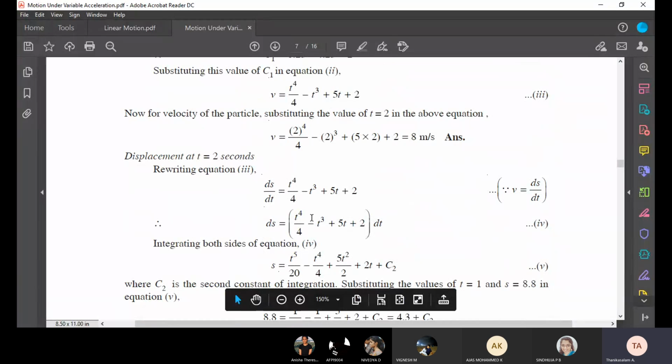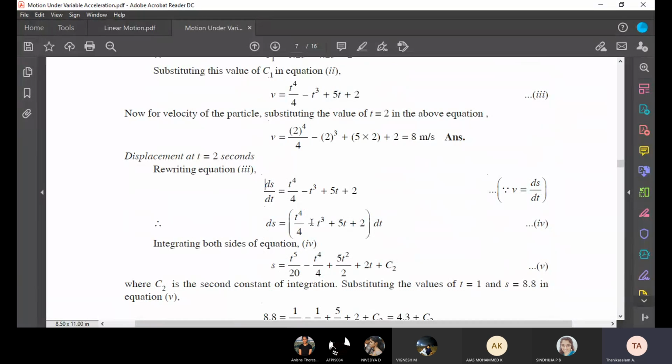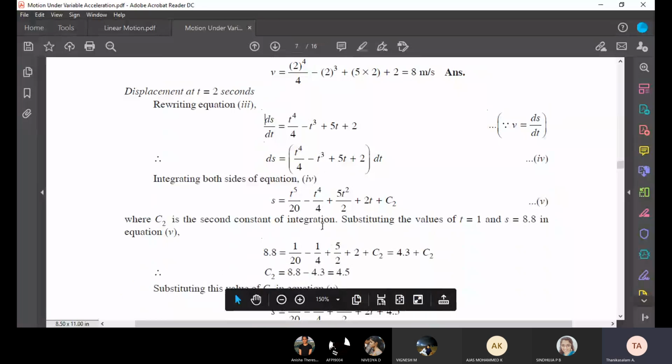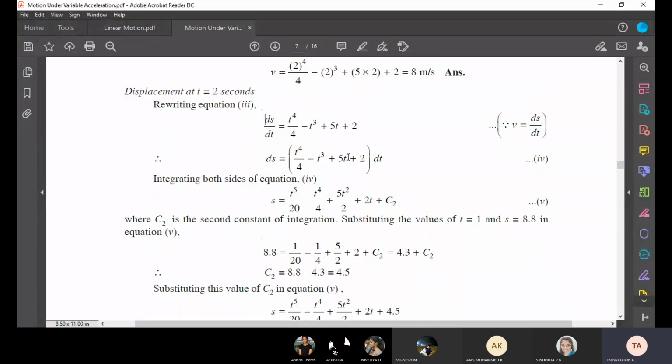The integration of ds is s. The integration of t to the 4 is t to the 5 divided by 5, and 5 into that gives 5t to the 5 divided by 5, so 20 minus the integration of t cubed, which is t to the 4 divided by 4, plus 5t squared. The integration of t is t squared by 2, and the integration of 2 is 2t. With integration we must add a constant.